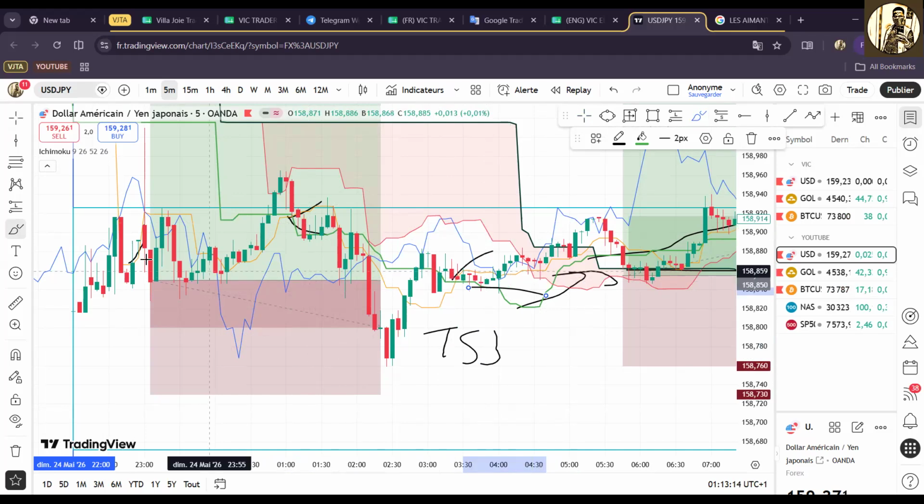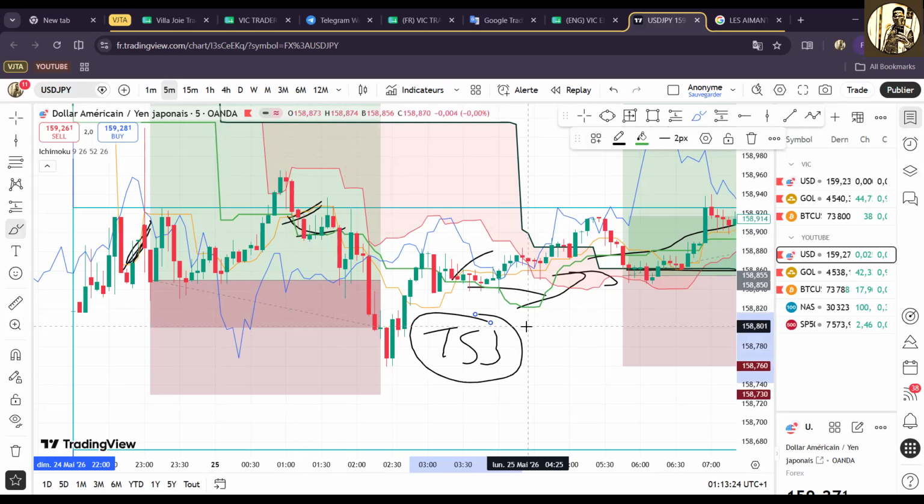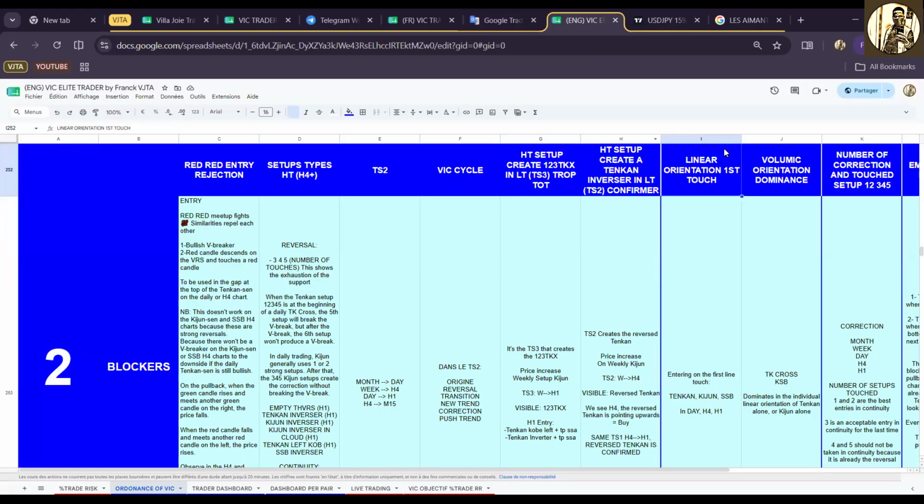Normally, when Tenkan inverted is created like this, one time, you want only one Tenkan cross to the upside. That's why TS3 is a too early entry, even though it's an interesting entry because it's early, but it will give you a lot of zigzagging TK, 1, 2, 3 TK. I think you know that.